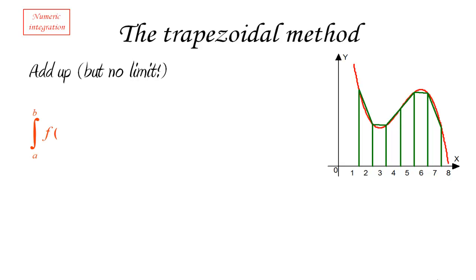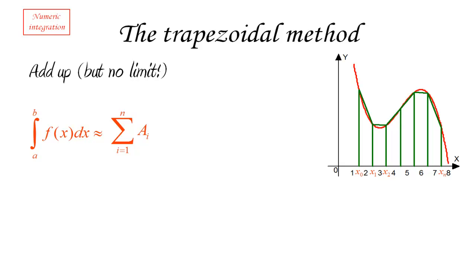So in computing our integral from a to b of f of x, that's going to be approximately equal to the sum of all those areas, and we're going to use all these values x0, x1, x2, etc. Notice I'm starting at x0 because x0 is the left point and it just denotes the beginning, and then x1 denotes the end of the first trapezoid, x2 denotes the end of the second trapezoid, and so on.